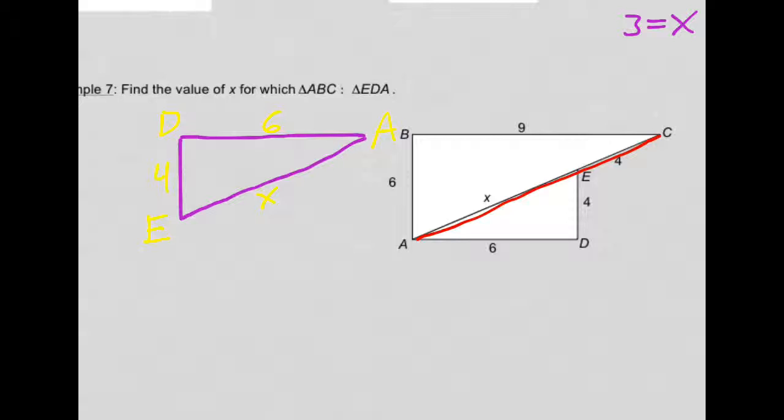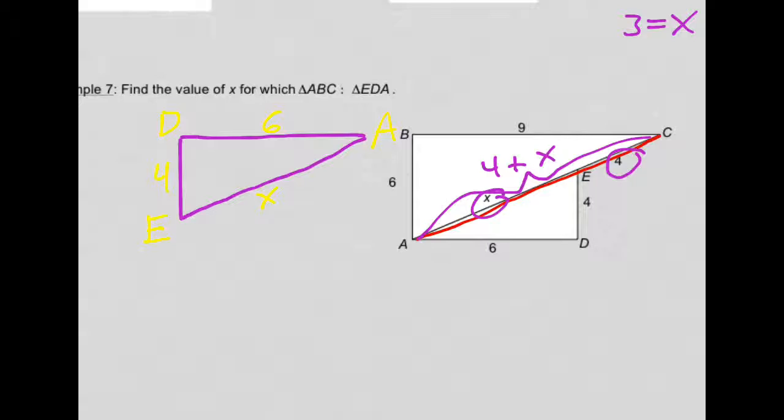Well, I know that this side, CE, is 4, and I know that EA is x, so together they're just 4 plus x.